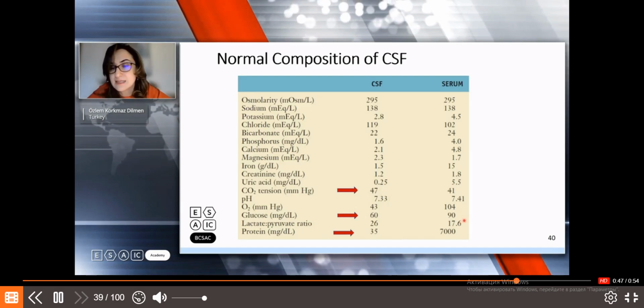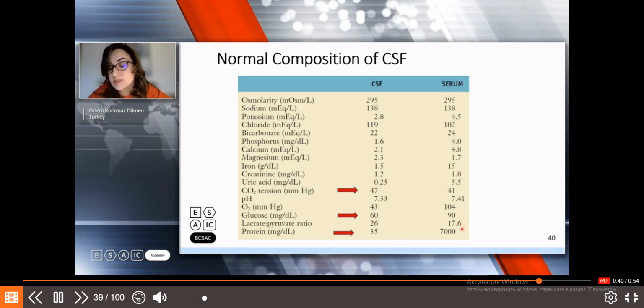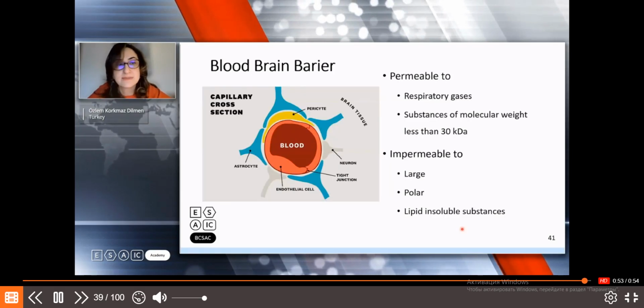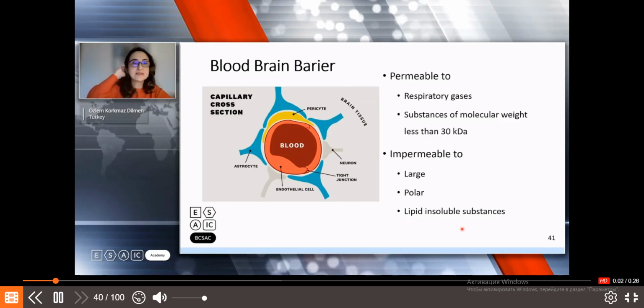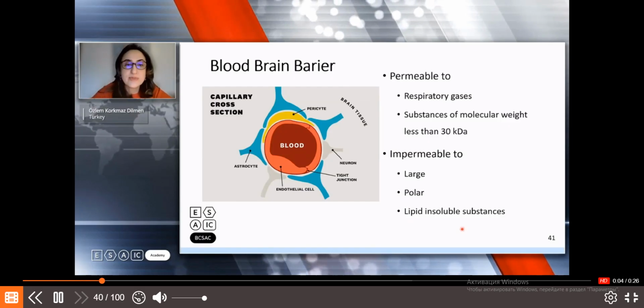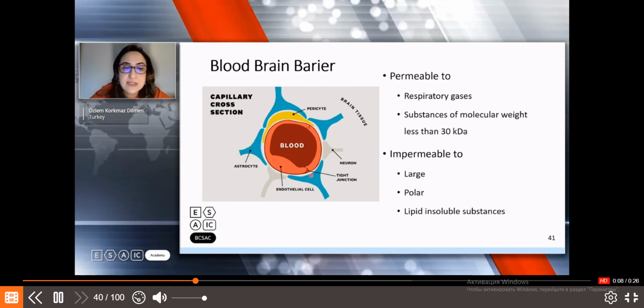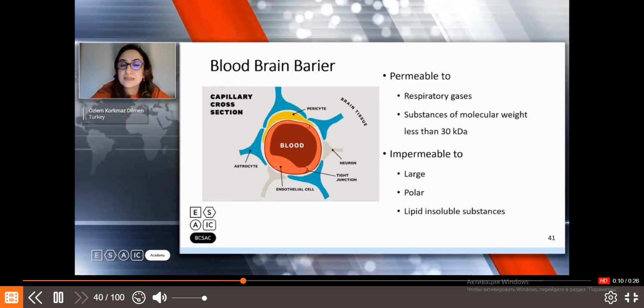This last knowledge is very important to meningitis diagnosis. The blood-brain barrier consists of pericytes, astrocytes, and tight junctions between the endothelial cells.